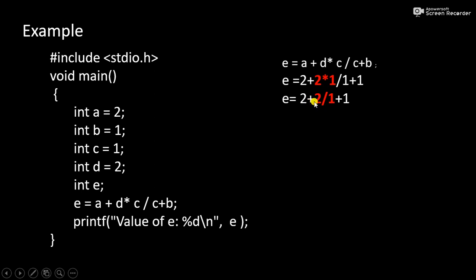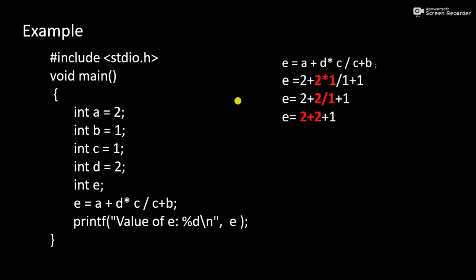Now we have these operators here: plus, division, and plus. Out of these three operators, the division has the highest precedence, so we need to evaluate it first. So 2 divided by 1 became 2. Now we have two operators, plus and plus, which have the same precedence.